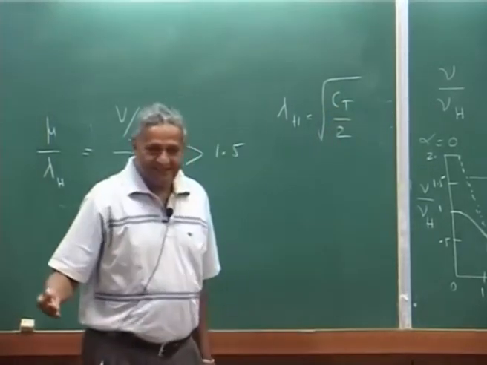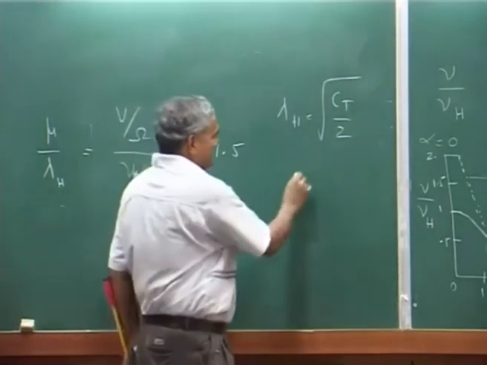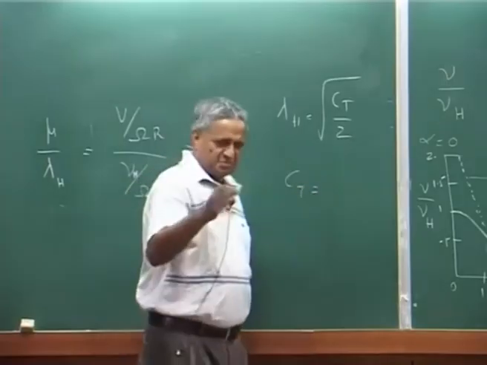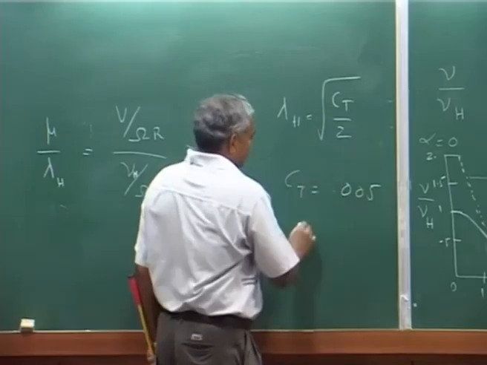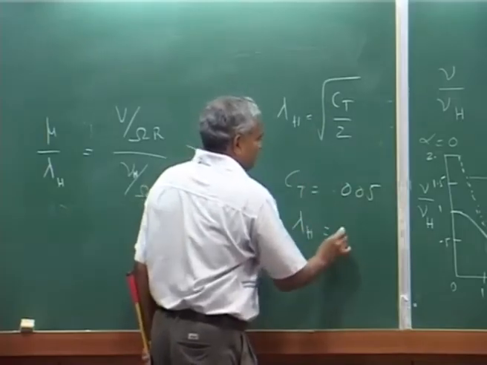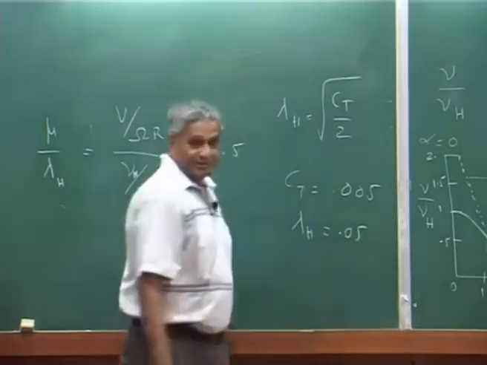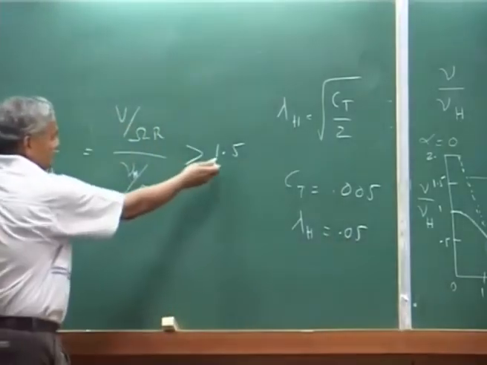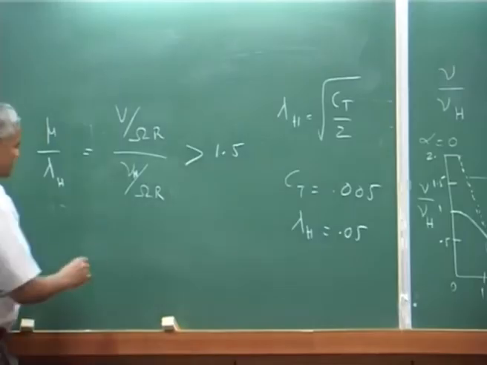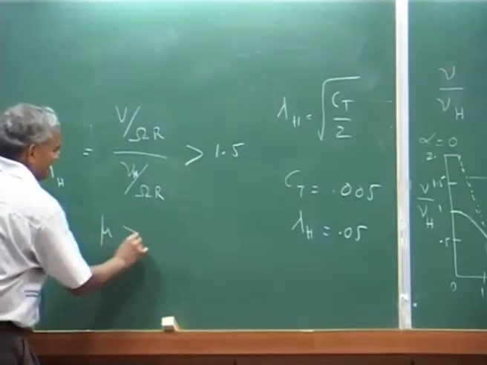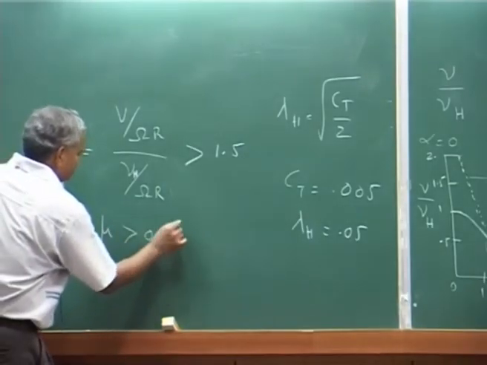We know lambda h is sqrt(Ct) by 2, and if Ct is, I am saying, 0.005, then lambda h is 0.05. Okay. Now, if you take 0.05 into 5, 0.075. So, usually they say mu greater than 0.1.